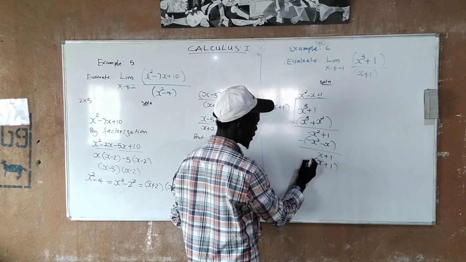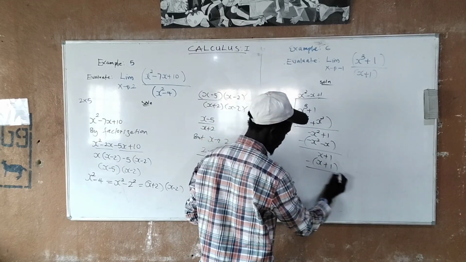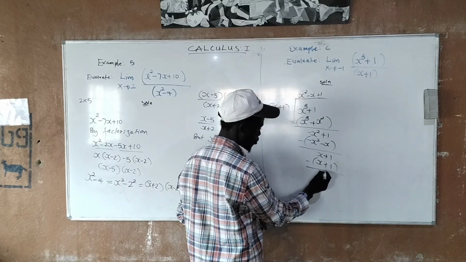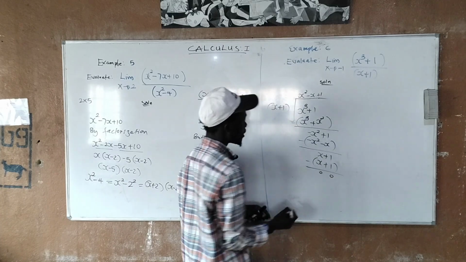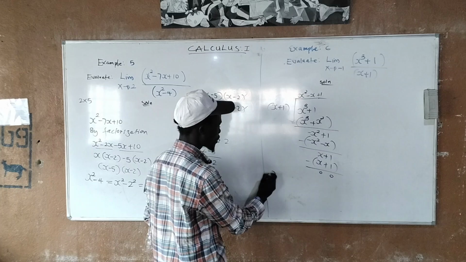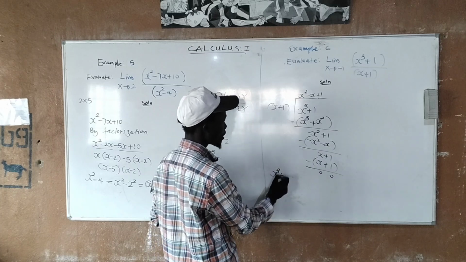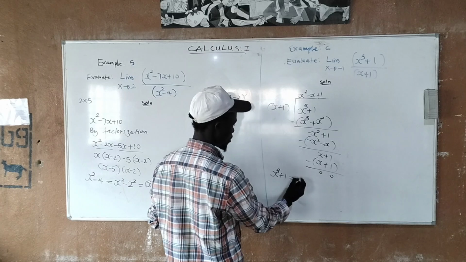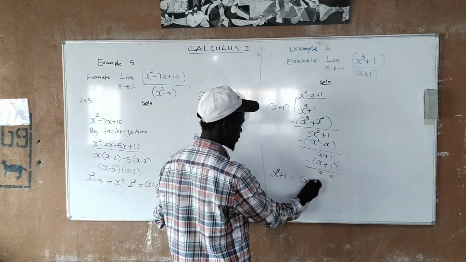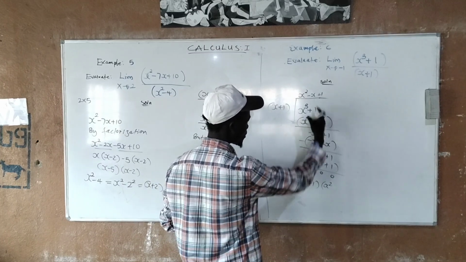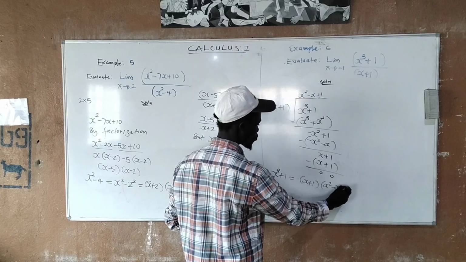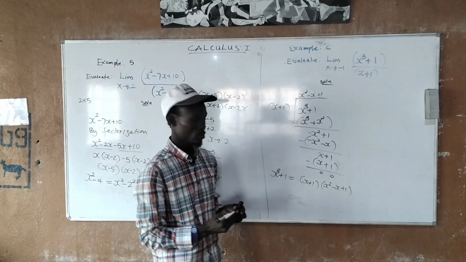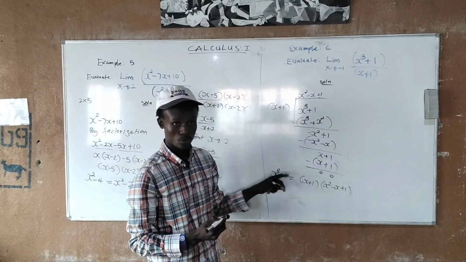Then we subtract again: x minus x is 0, and this is also 0. Therefore, the factorization of x cubed plus 1 becomes x plus 1 into x squared minus x plus 1.